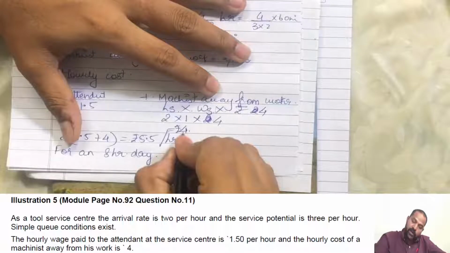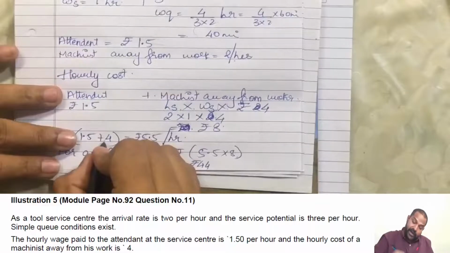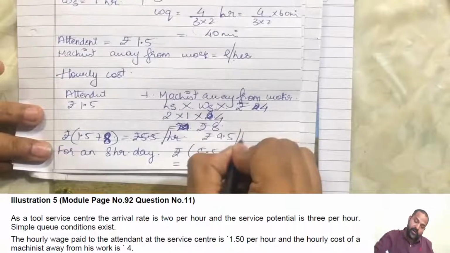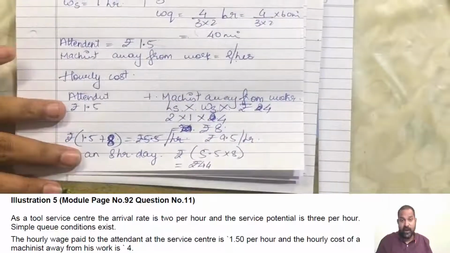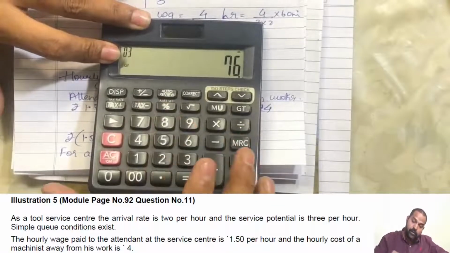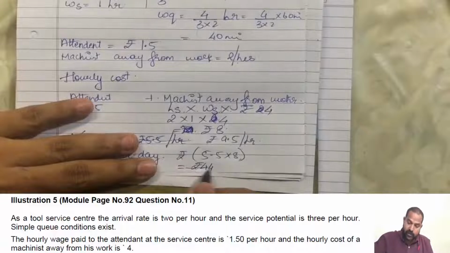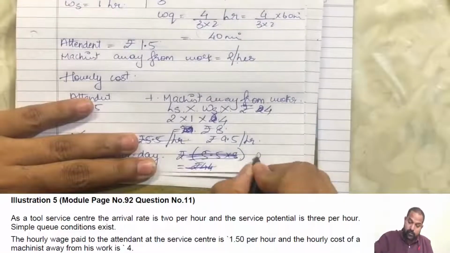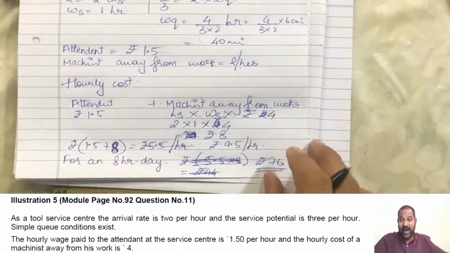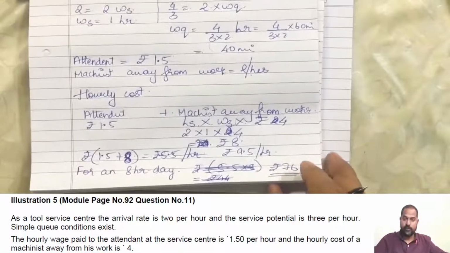Sorry about that. 8 rupees plus the 1.5. 8 plus 1.5 is 9.5 rupees per hour. 9.5 for 1 hour. So over 8 hours, 76 rupees. I'm sorry, extremely. So in 1 day, I have wasted 76 rupees.